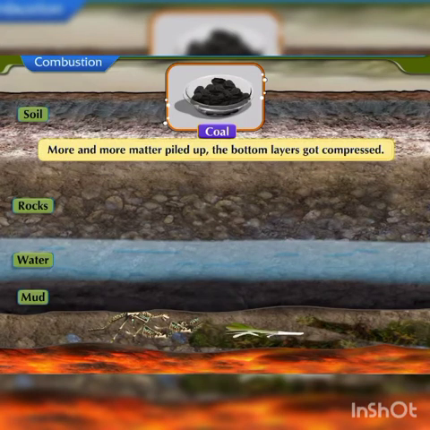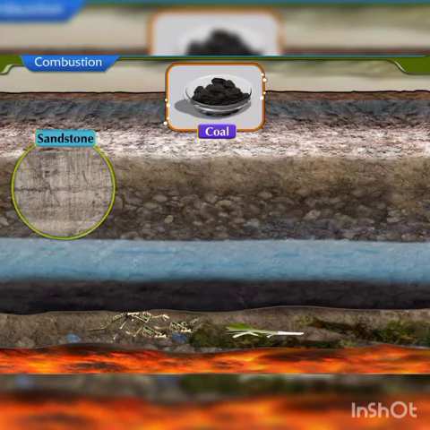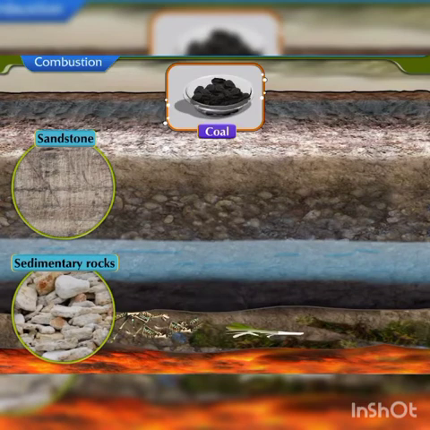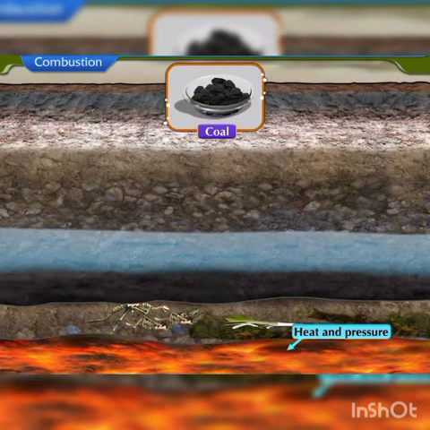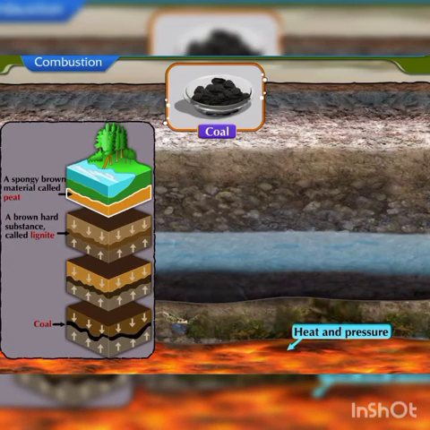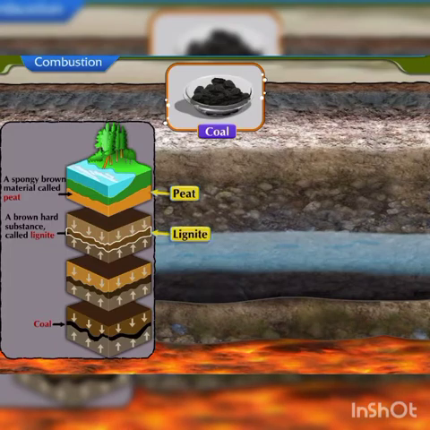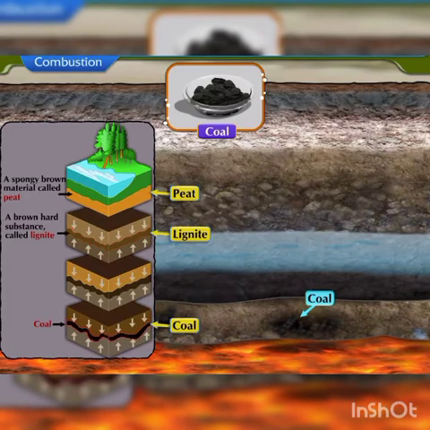As more and more matter piled up, the bottom layers got compressed. Consequently, sandstone and other sedimentary rocks were formed. Heat and pressure converted the dead plants first into a spongy brown material called peat, then into a brown hard substance called lignite, and finally into coal.